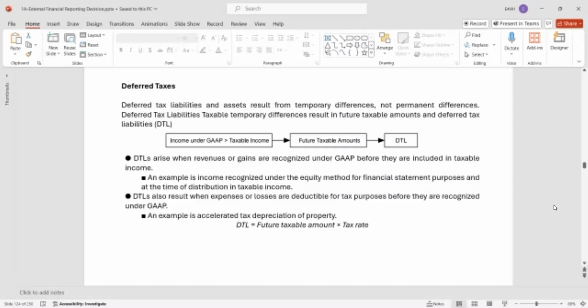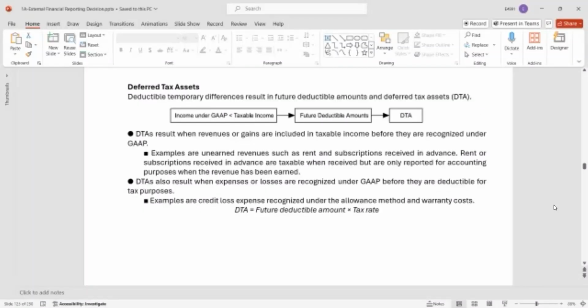Deferred tax liabilities also result when expenses or losses are deductible for tax purposes before they are recognized under GAAP. An example is accelerated tax depreciation of property. Deferred tax liability equals future taxable amount multiplied with tax rate.